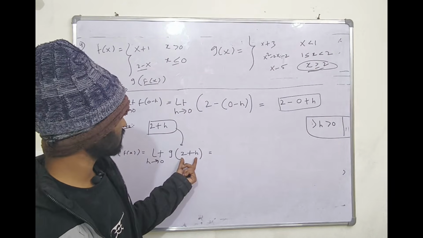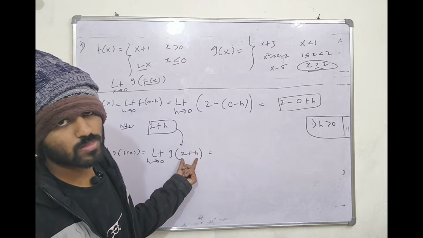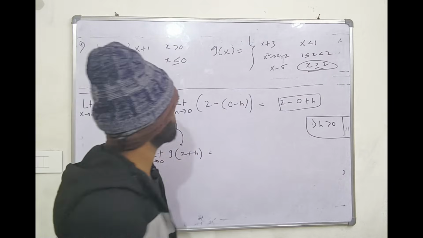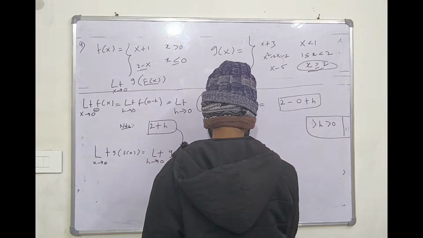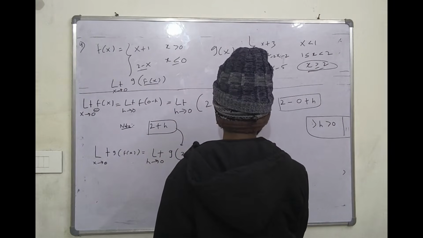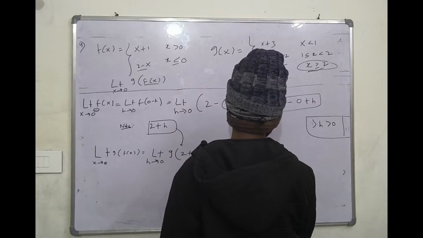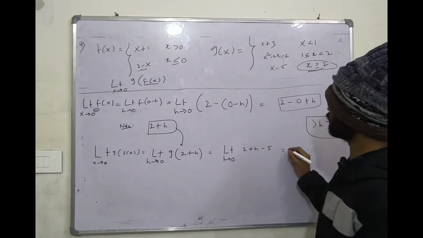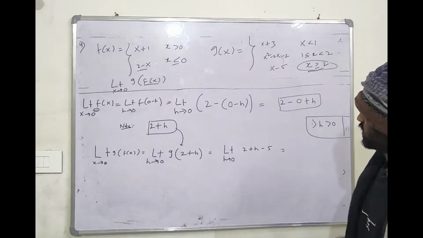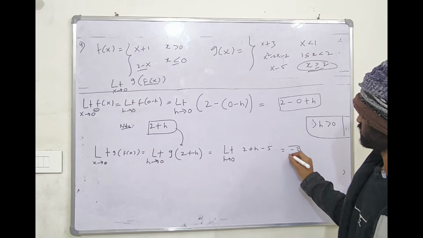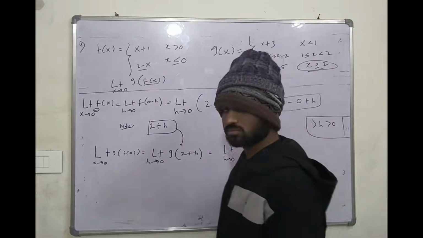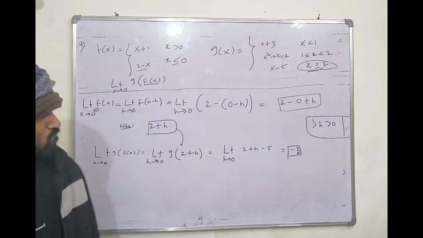In place of x we have 2 plus h, not x. So substitute 2 plus h here: limit h tends to 0, 2 plus h minus 5. Now you can substitute h equal to 0, so this is minus 3. Good, nice.